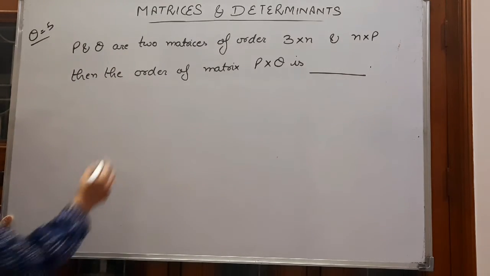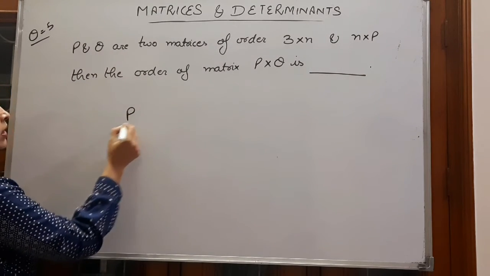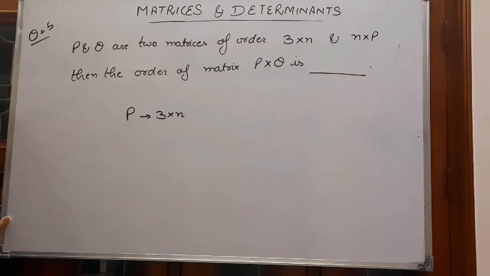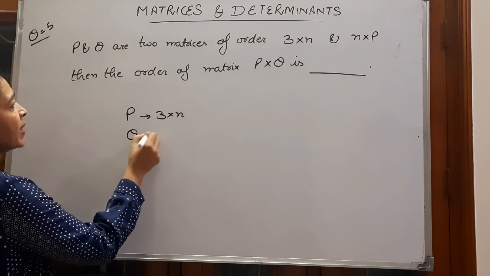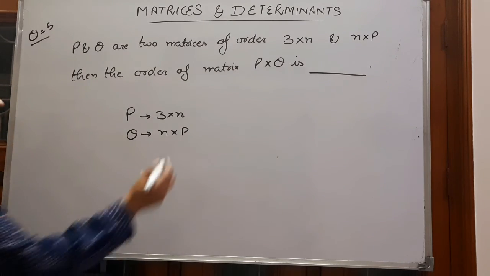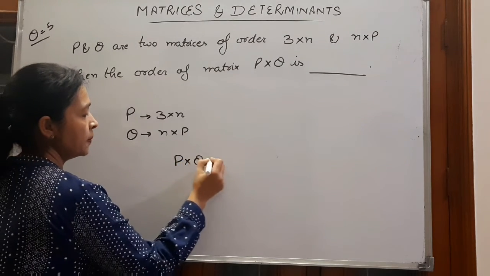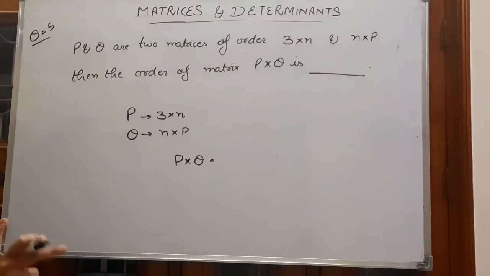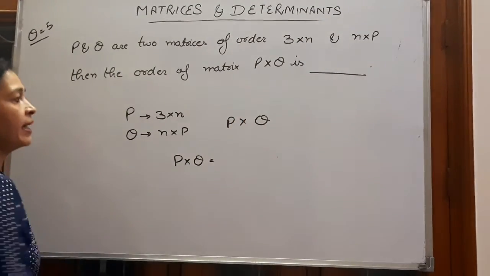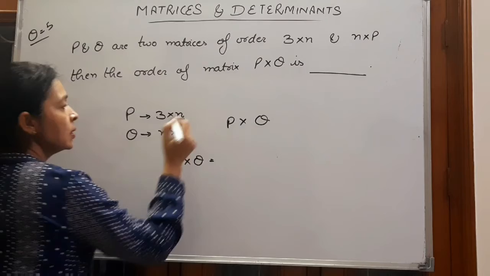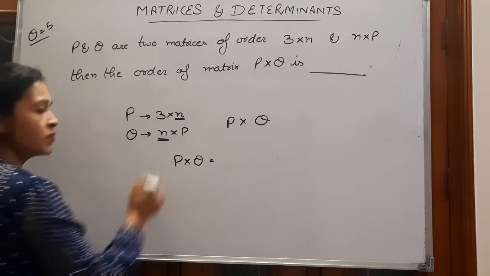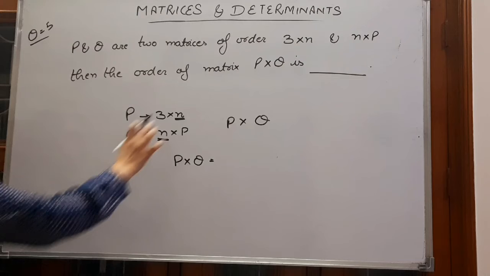P and Q are two matrices. The order of matrix P is 3 by n and the order of matrix Q is n by p. Then the order of matrix P into Q will be... The multiplication of two matrices is defined if the column of the first matrix and the row of the second matrix are the same.